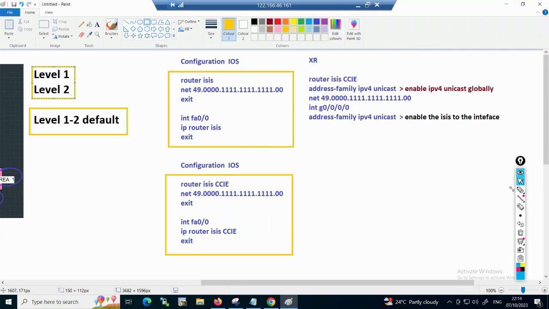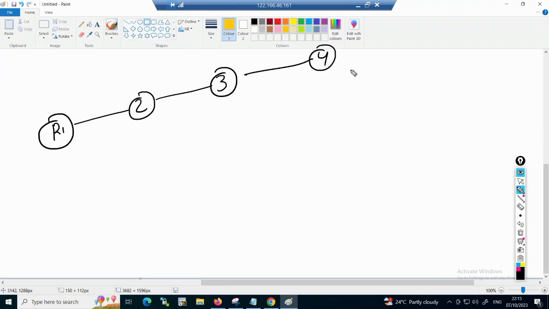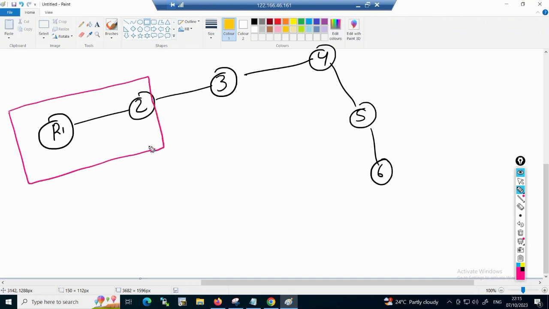For example, I'll just give one small example. This might be router number 1, this might be router number 2, router number 3, router number 4, router number 5, and router number 6. So I can consider this as level-1 and level-2, as I told you that here we are putting the complete router in an area, not the particular interface. So I can call this guy area 0000.